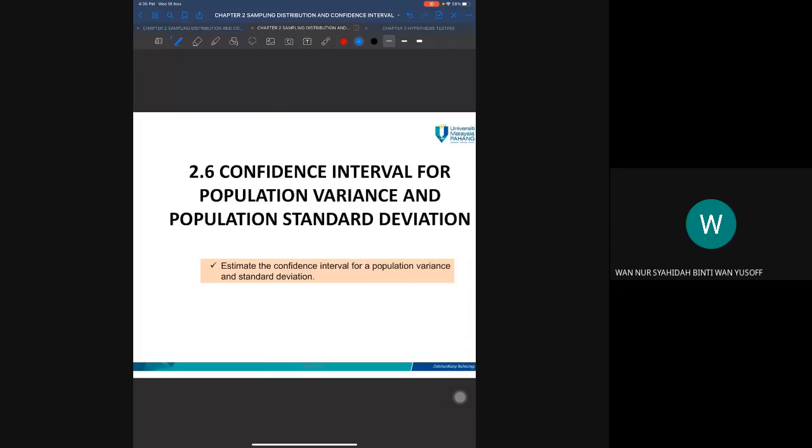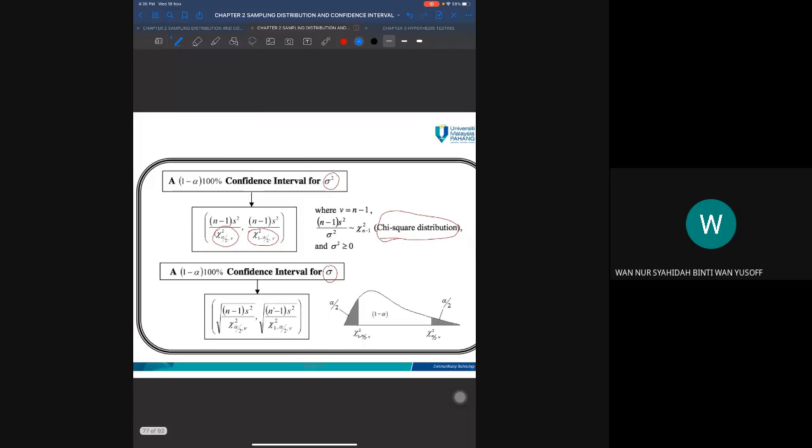Similar to the proportion, you have a single formula for your confidence interval. For the sigma here, we use the chi-square distribution. Both have a similar formula, but for the sigma we just find the square root of the value for the sigma square.